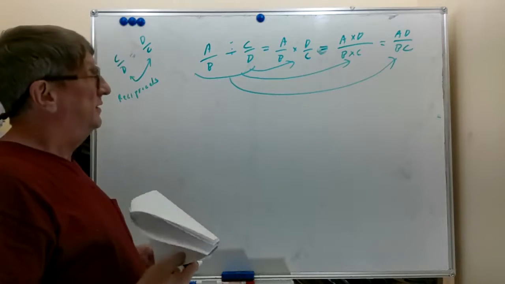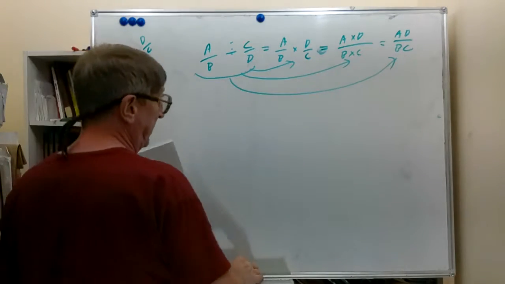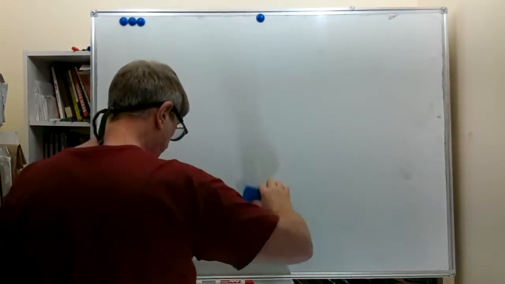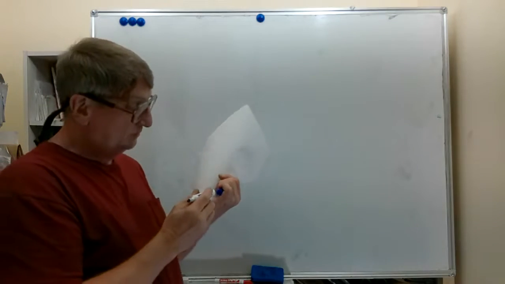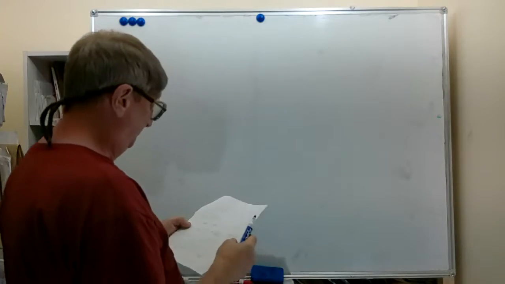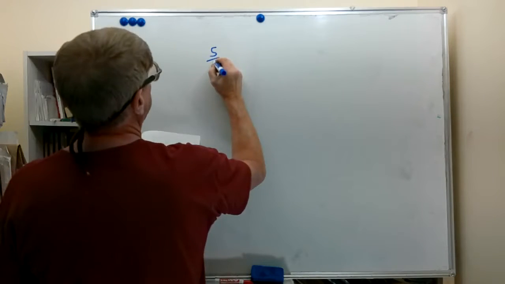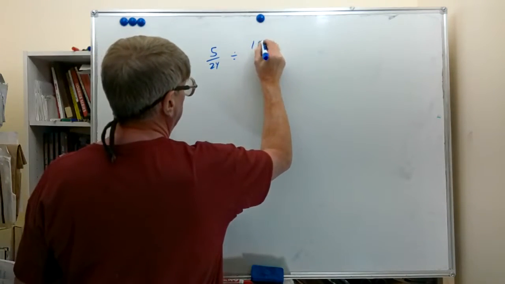So we're going to do an example of actually dividing fractions and see how that comes out. Here's our example: 5 over 24 divided by 15 over 16.